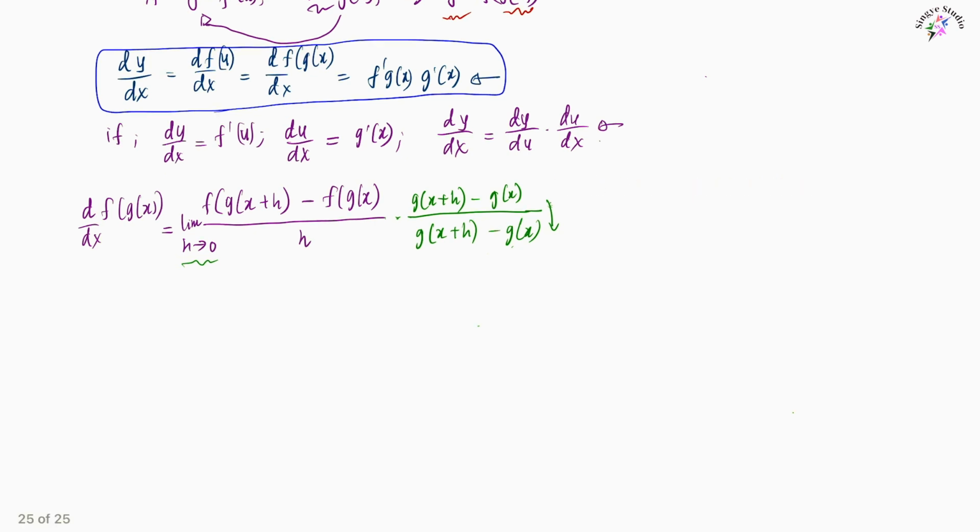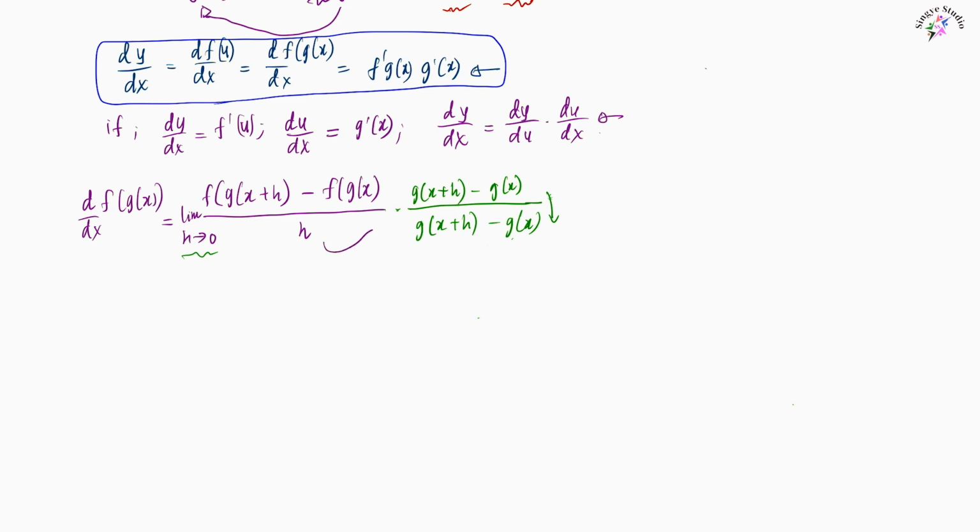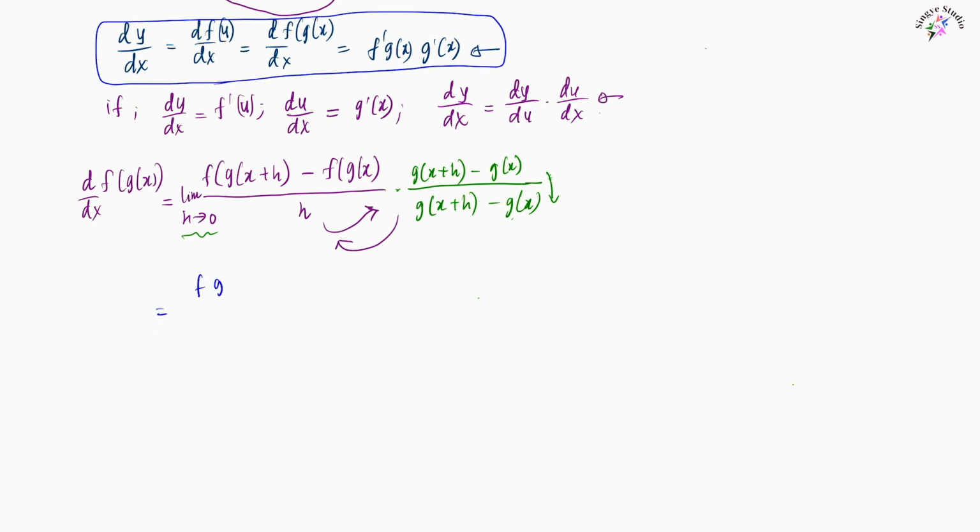Now applying this, we switch the place of the limit. We can write f of g of x plus h minus f of g of x, divided by g of x plus h minus g of x, times the limit as h approaches 0.